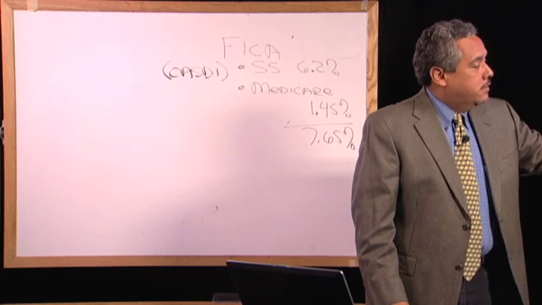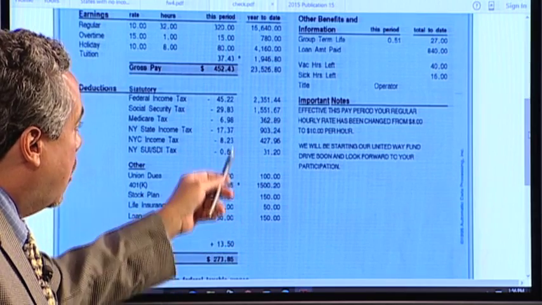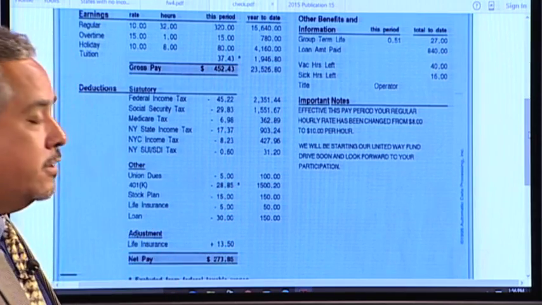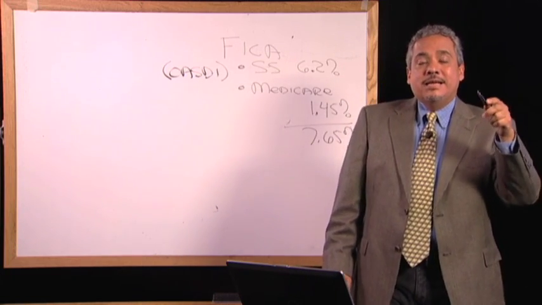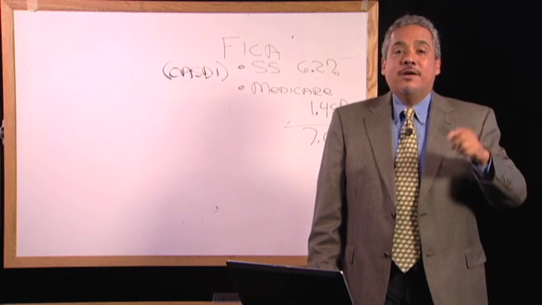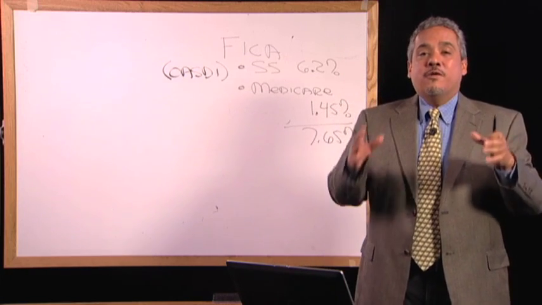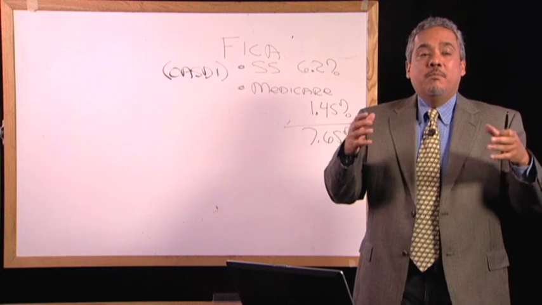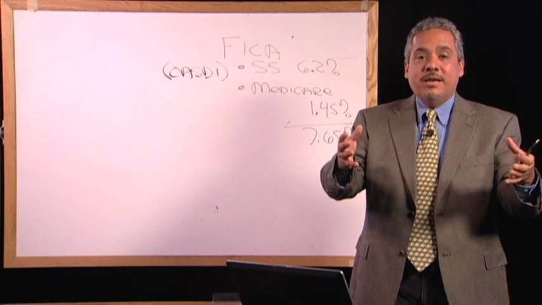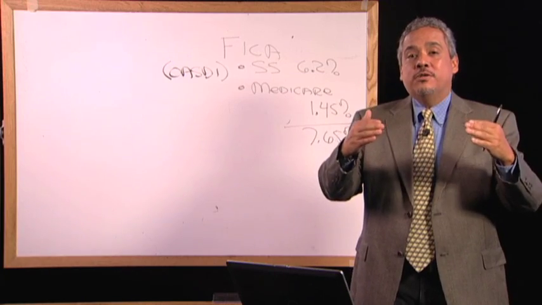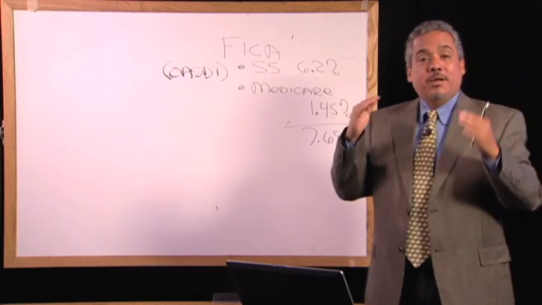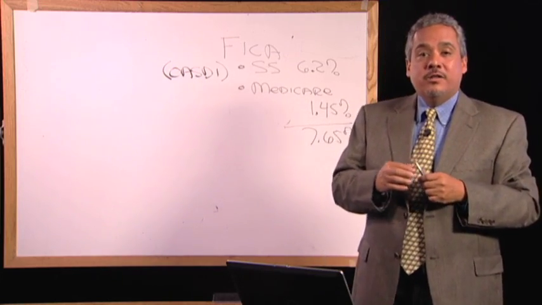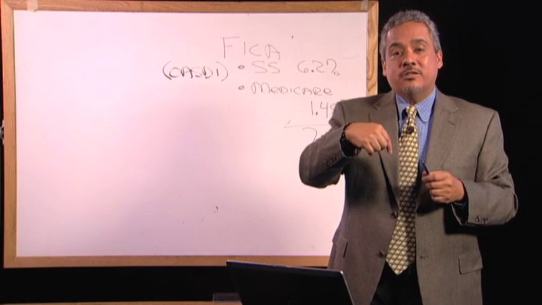Now the 401k has a little star, and so does the tuition. And that means these are tax deferred, which means you don't pay federal income taxes on that. So a 401k plan is money that I'm putting away for retirement, and that doesn't go into the federal income tax calculation. It does go into FICA, but not into the federal income tax calculation, because I'm not going to be taxed on it now.